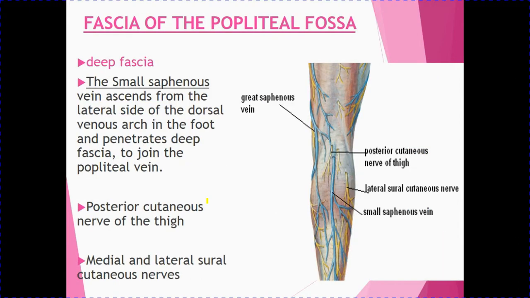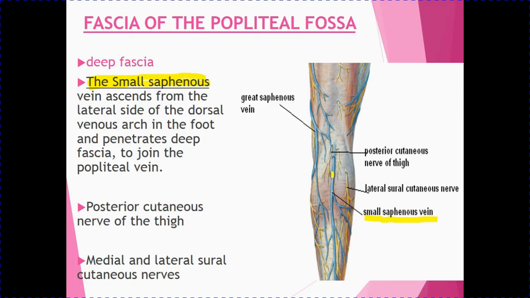The deep fascia of the popliteal fossa is important as it has certain important contents. Now in the deep fascia of the popliteal fossa, there is the small saphenous vein. Okay, we see here the small saphenous vein.